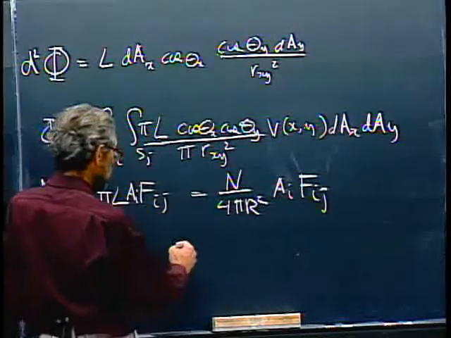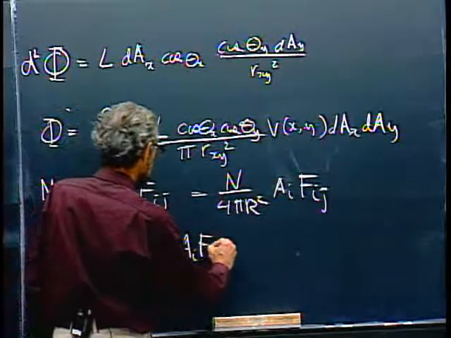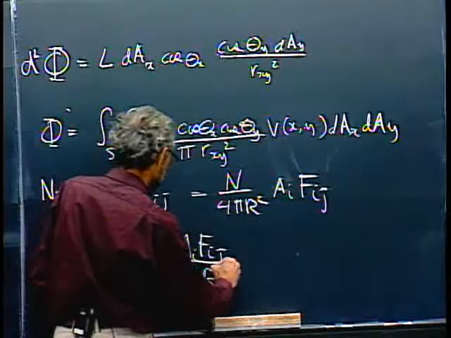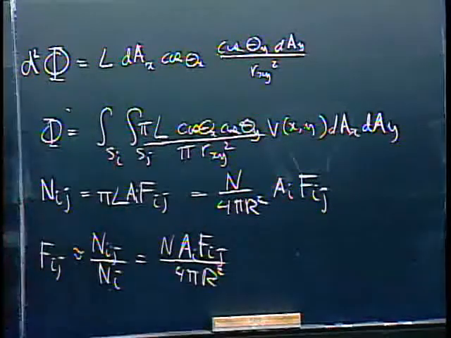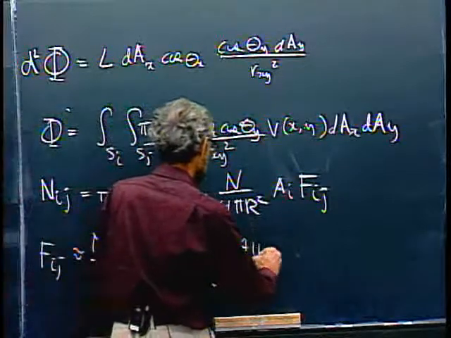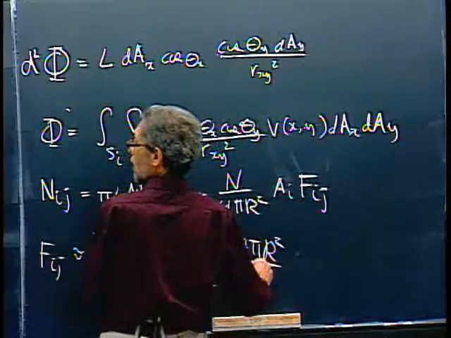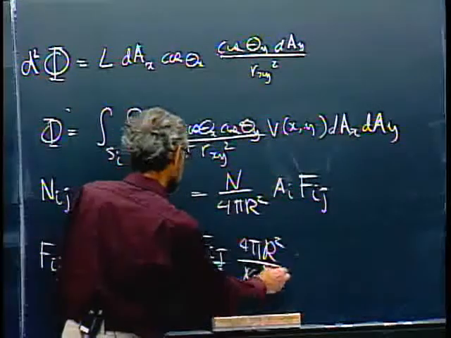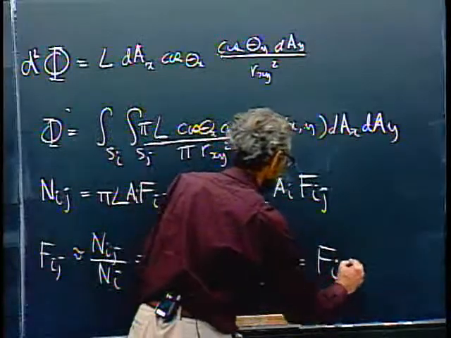So if I take the ratio, it's N times A_I F_IJ over 4 pi r squared. And then by dividing by this fraction, if I put the A_I in the numerator, it'll make it easier for me to do that. I'll have 4 pi r squared times A_I N. So the A_I's cancel, the N's cancel, the 4 pi r squareds cancel, and I get F_IJ.